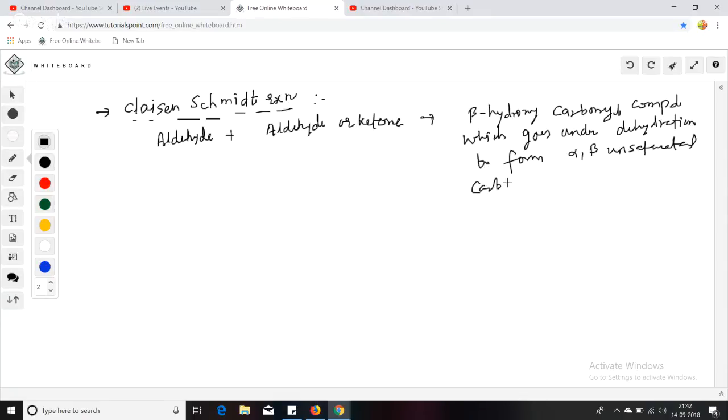So here you see this aldehyde which is reacting, in the presence of a dilute base we are using here, like NaOH and all, a dilute base. The aldehyde has no alpha hydrogen, and when this is condensed with any aldehyde or ketone having alpha hydrogen, then this reaction takes place, right? It means one aldehyde does not have alpha hydrogen, the other one has alpha hydrogen.